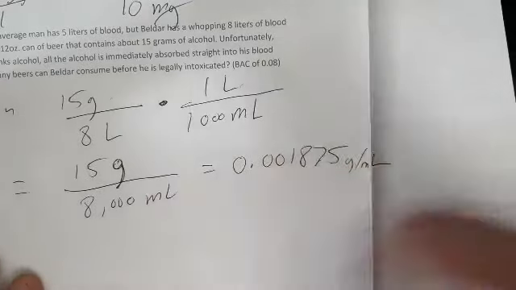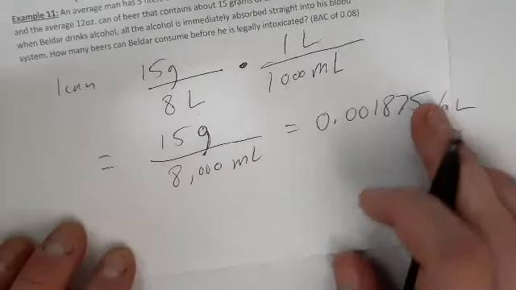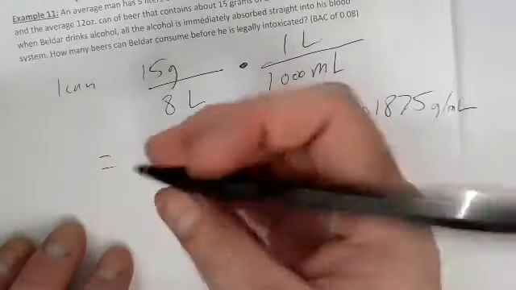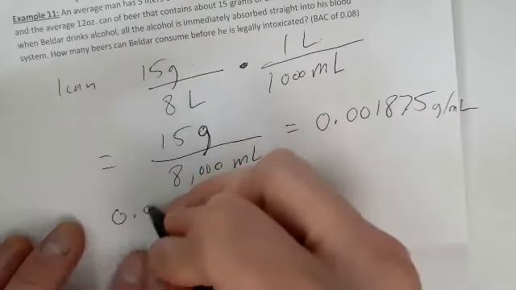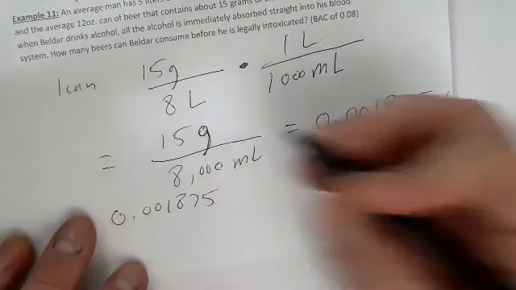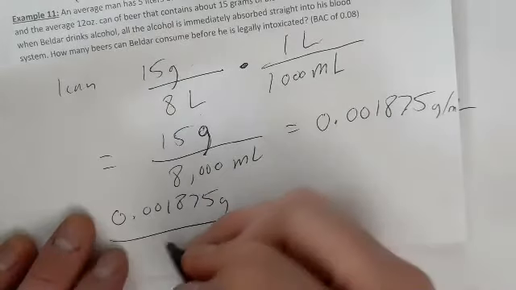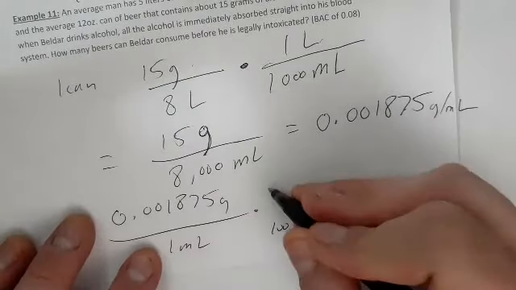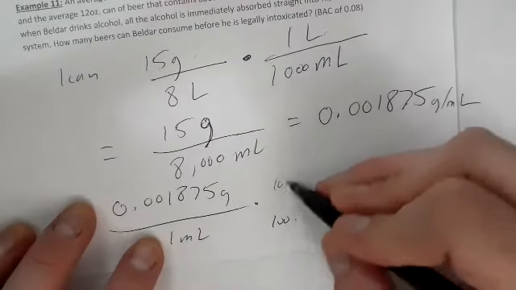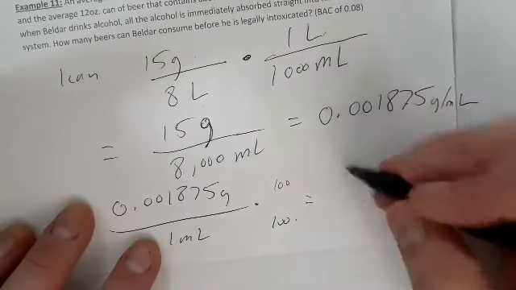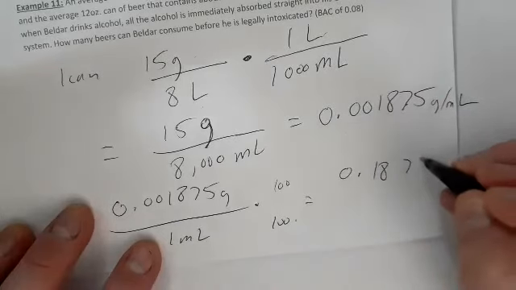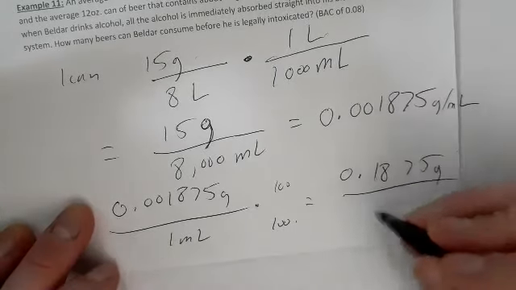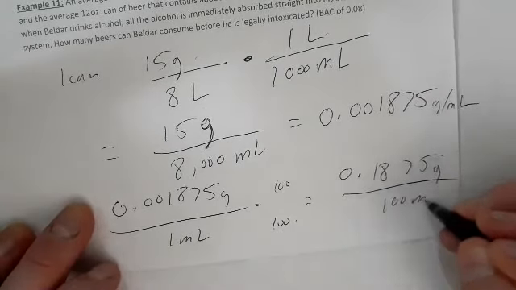Okay, so it's a little bit of a weird thing, but we need to know grams per 100 milliliters. So if we have 0.001875 grams for every 1 milliliter, in order to get to 100 milliliters, we have to multiply by 100 there, and do the same here. So we're moving this 2 decimal places: 0.1875 grams for every 100 milliliters.